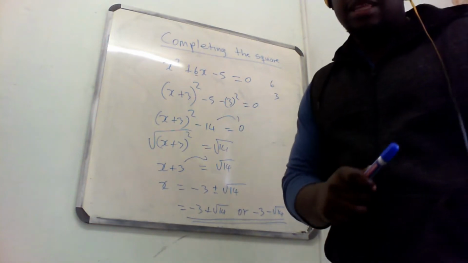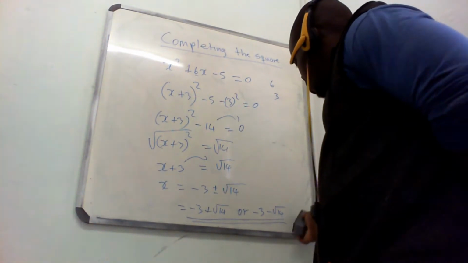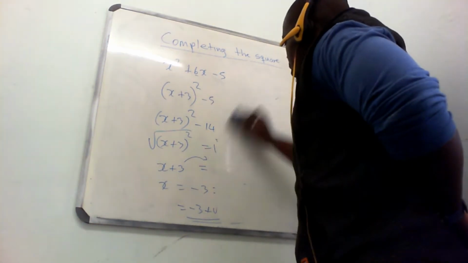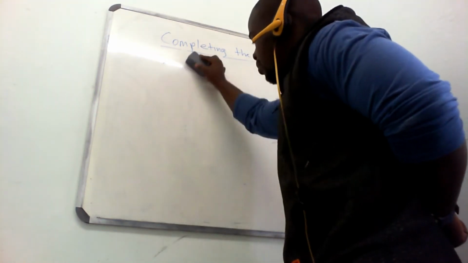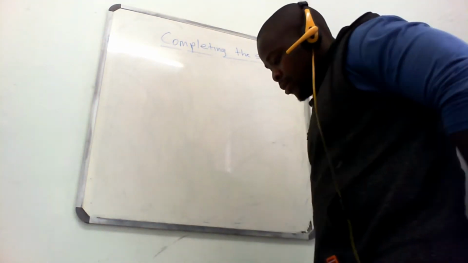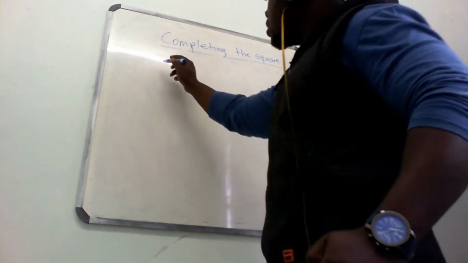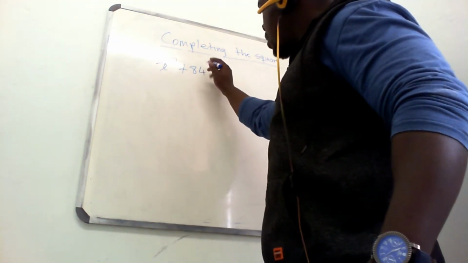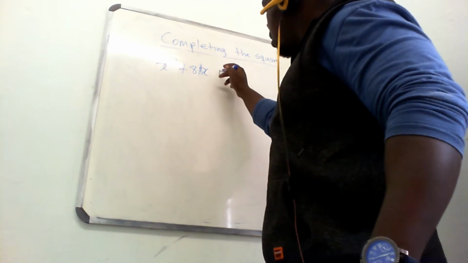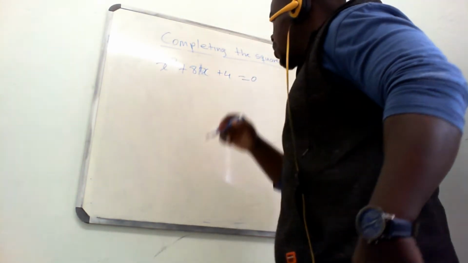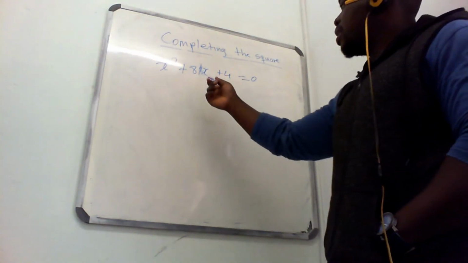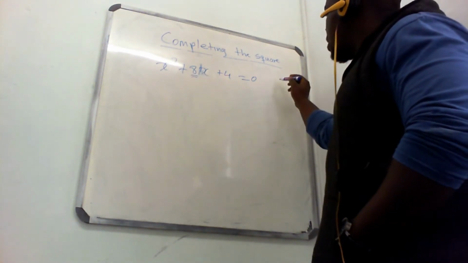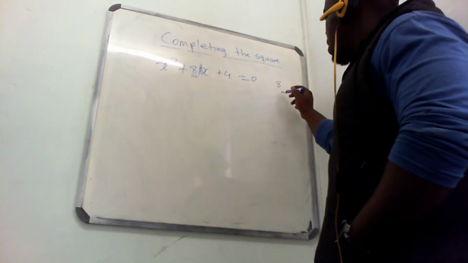Okay, and then let's use another example. Let me just write this and then I'll put another example so that at least you can drive the idea home. So this one is x squared plus 8x plus 4 is equal to 0. The first thing to do is take the coefficient of x here, it is 8, so half of 8 is 4.